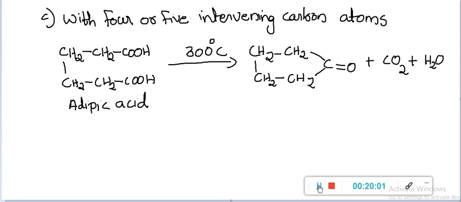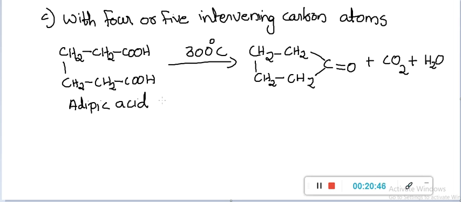On heating at 300 degrees Celsius or distilling with acetic anhydride at 300 degrees Celsius, dicarboxylic acids with 4 or 5 carbon atoms between the two COOH groups are converted into cyclic ketone by leaving 1 mole of carbon dioxide and 1 mole of water.